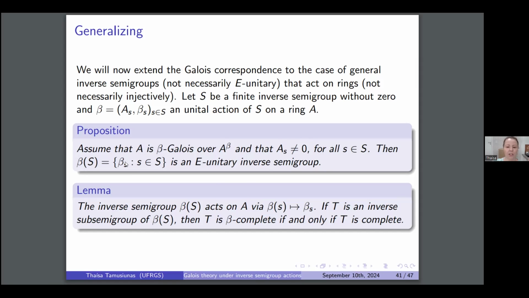Then this is an E-unitary inverse semigroup. Furthermore, this inverse semigroup acts on A via this natural action. And if T is an inverse subsemigroup here, then T is beta complete if and only if it is complete. They are the same concepts in this context.